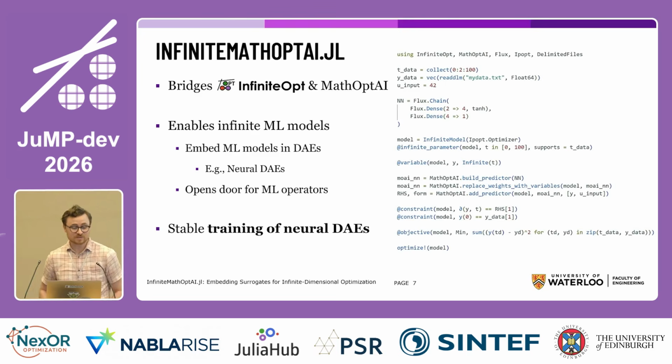But it also gives us a way to more stably train modest size neural DAEs as we can put these inside an infinite model. So for example, here we have a Flux neural network. I have my infinite model. We can put it in with this replace weights with variables function. That allows us to make our weights optimization variables, things that we can optimize.